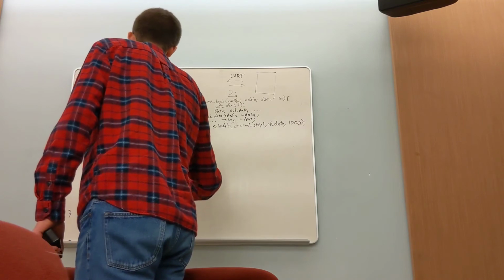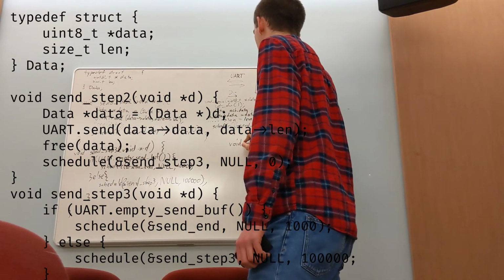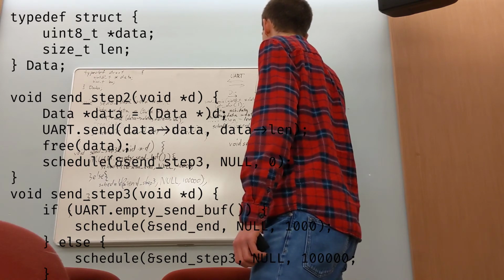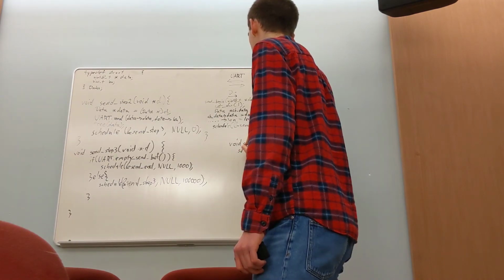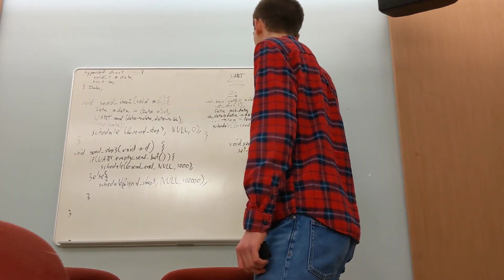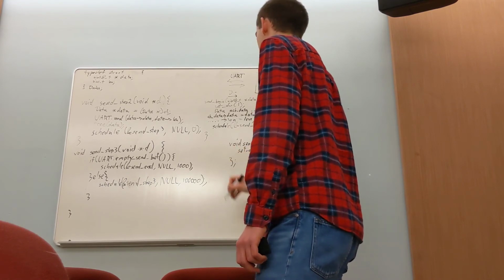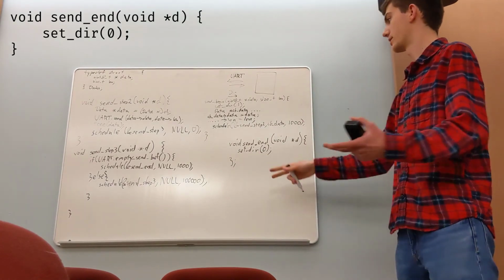That's only 1,000 nanoseconds, and then that only leaves us with send_end, which again needs that void pointer even though we're not using it. All it needs to do is set DIR to 0 and call it a day. It doesn't need to schedule anything else because we're done sending.